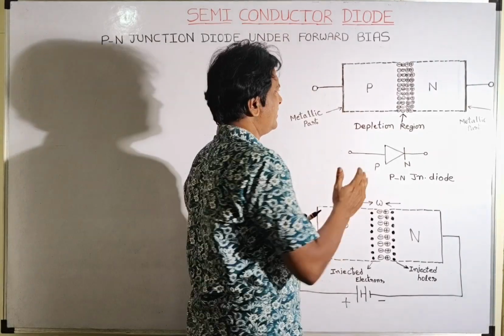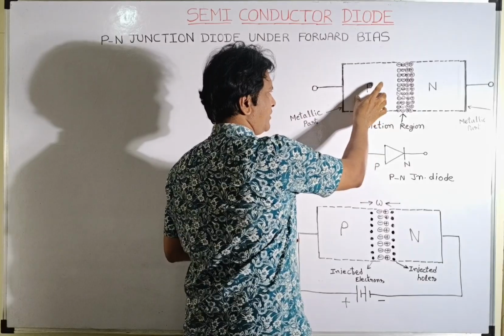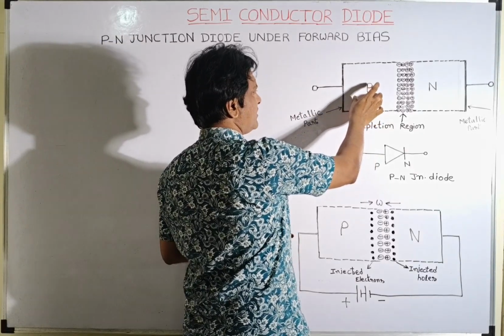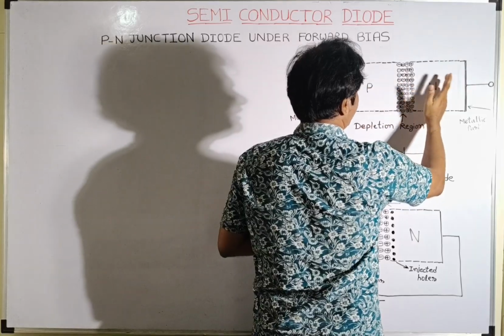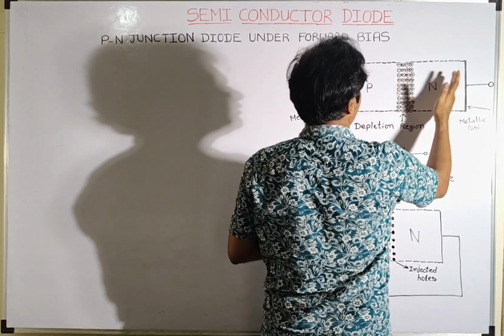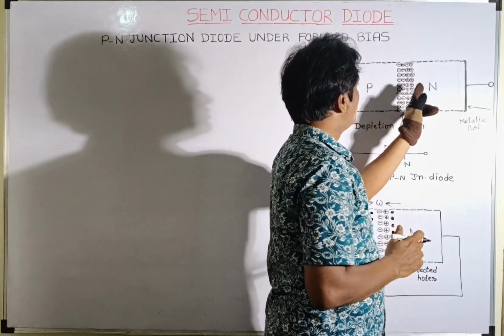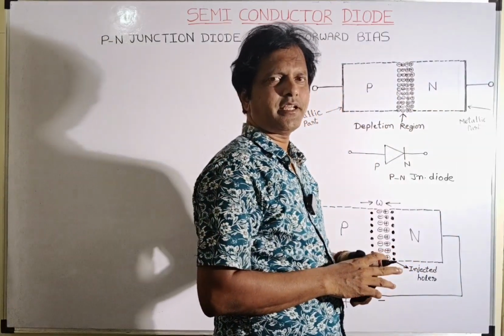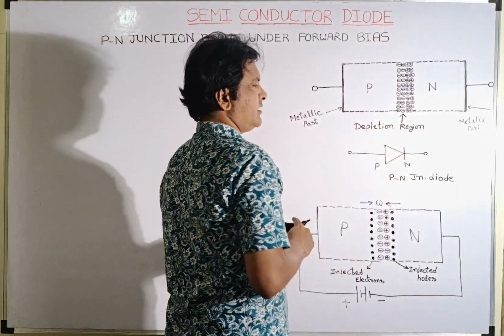concentration gradient means the concentration of the holes per unit volume here is more, so here it is less. So there is a gradient moving from high to low. That means the holes will move towards the n-type and the electrons will move towards the p-type.